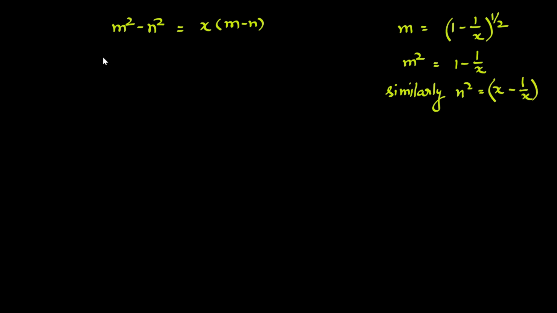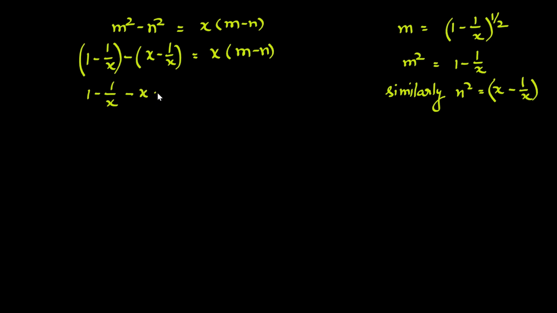So now put it here. It will be 1 − 1/x − (x − 1/x) is equal to x into (m − n). So we can write it 1 − 1/x − x + 1/x. It will be cancelled by each other. So we can write it (1 − x)/x is equal to m − n.